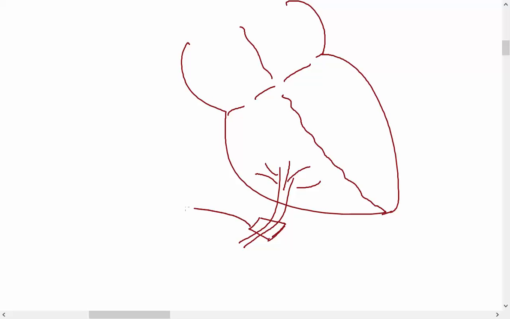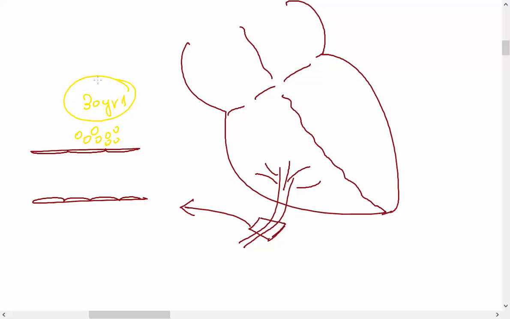This is the coronary vessel, and I am drawing it bigger. It is lined by endothelial cells, and just behind the endothelial cells fat gets accumulated. For example, it starts accumulating at the age of 30 years.